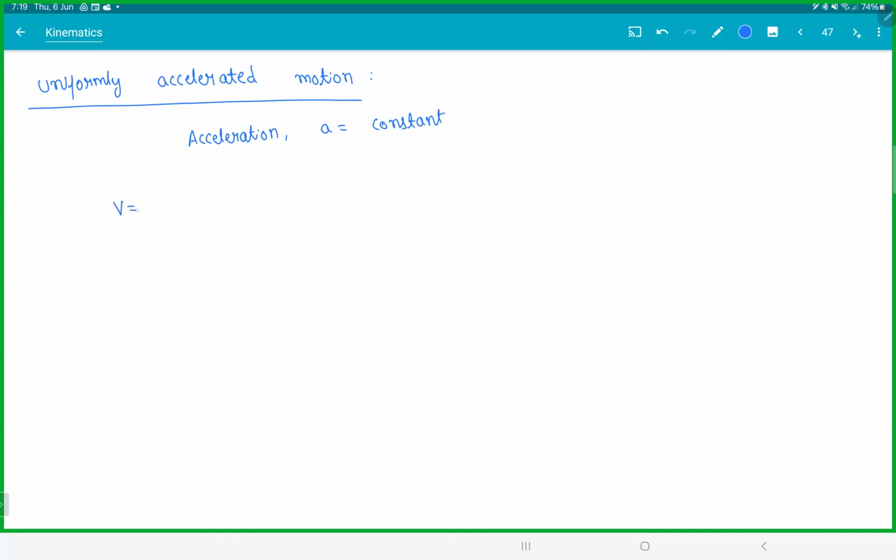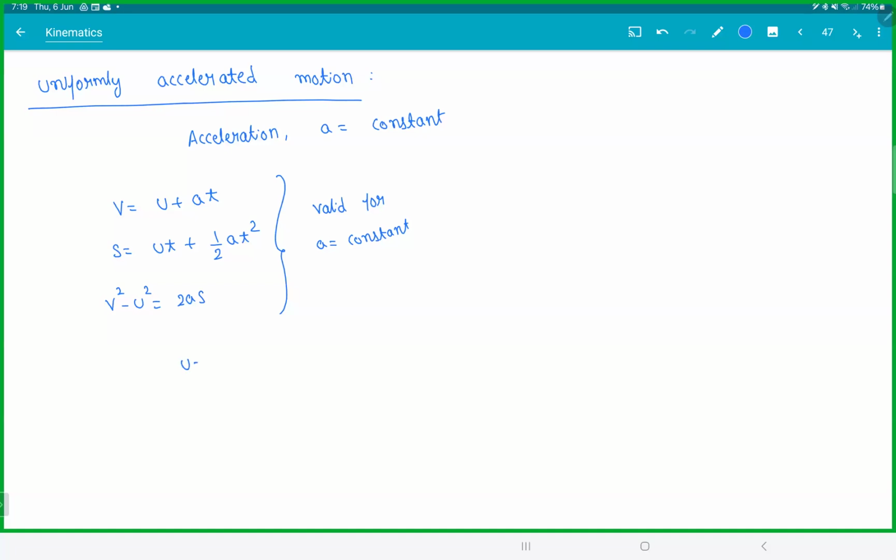So the three equations we derived using integration, if you remember: v is u plus at, s is ut plus half at square, v square minus u square is 2as. So be very careful. Use them only if you are sure acceleration is constant. Later on, we're going to see when a is not constant.